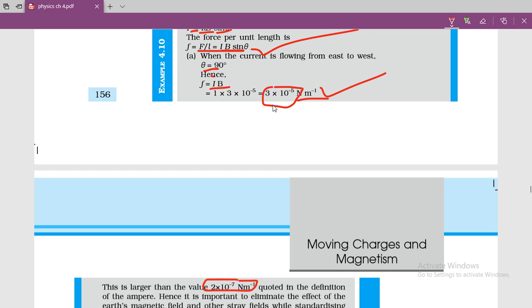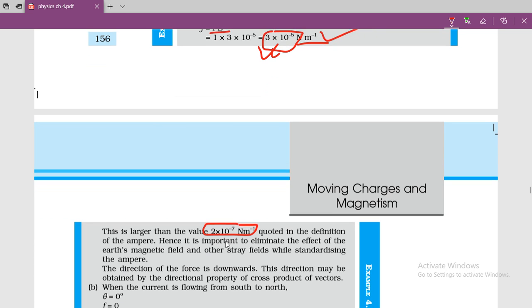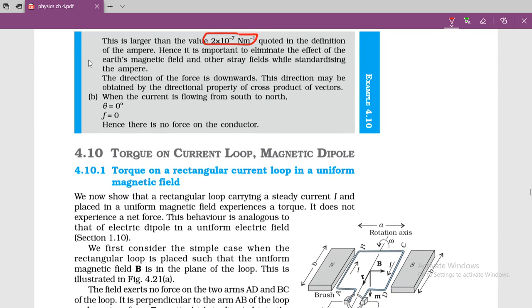Okay, so this one is greater than this one. So only due to the Earth's magnetic field the wire experienced force more than the two wires in the situation of 1 ampere. Okay, so this is why we are explaining the things here.